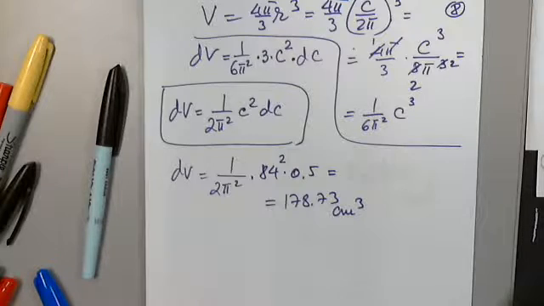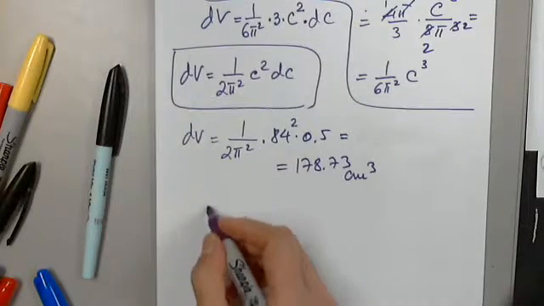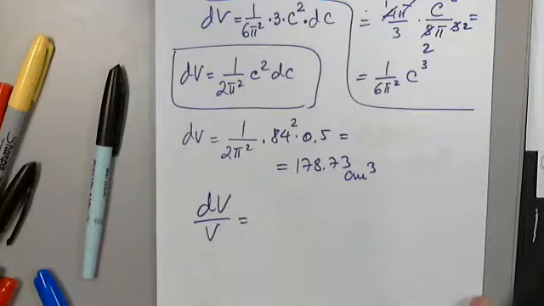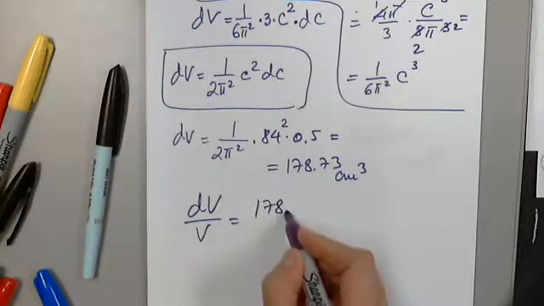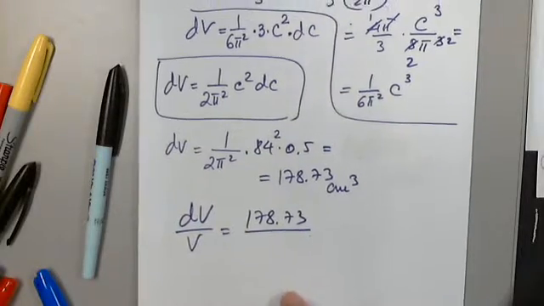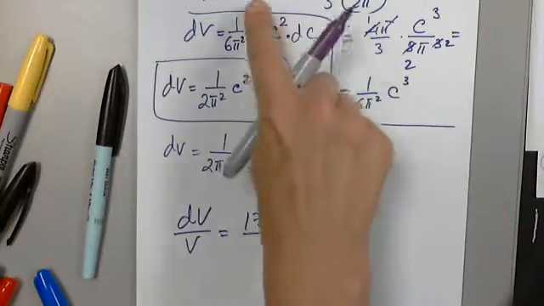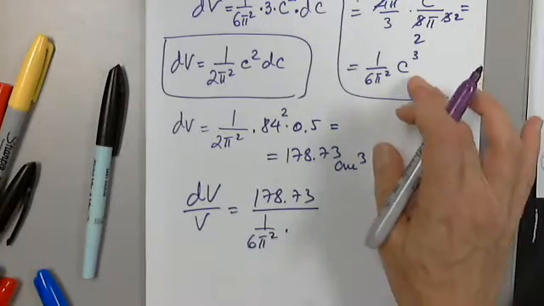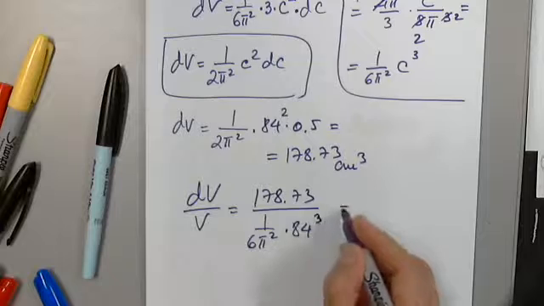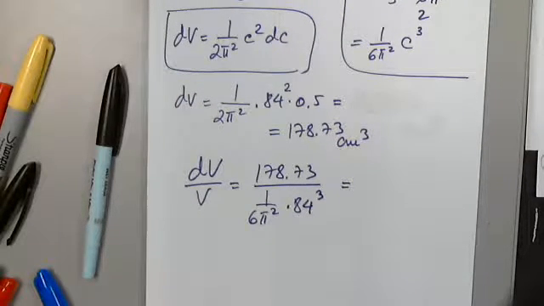Good. Finally, we're asked to find the relative error, which is dV over V. 178.73 divided by the volume. Here's the volume right here. We simplified it. So 1 over 6 pi squared times 84 to the third. No measurement unit because it's cubic centimeters over cubic centimeters. So 178.73, exactly what I just got before.